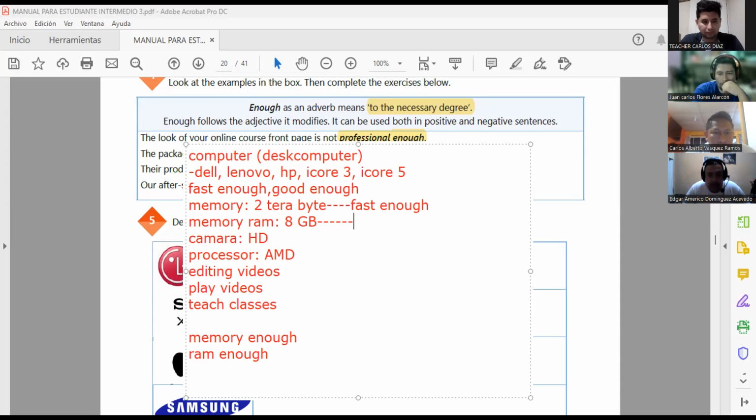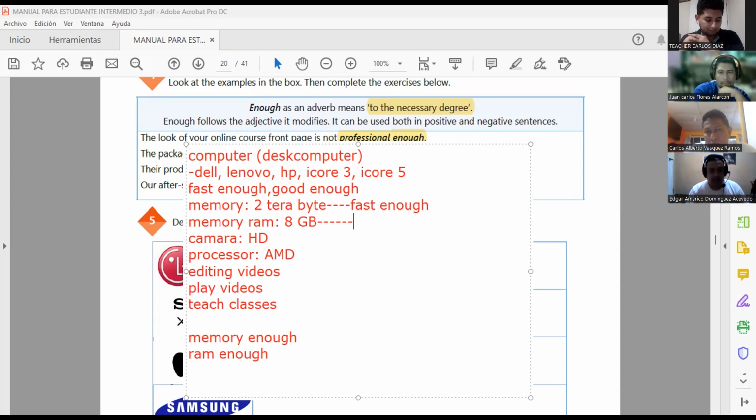For the program that I use, the capacity is very necessary. In this moment, the technology is modern. This computer makes major capacity, is major capacity for the new programs.